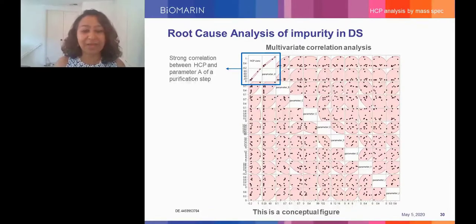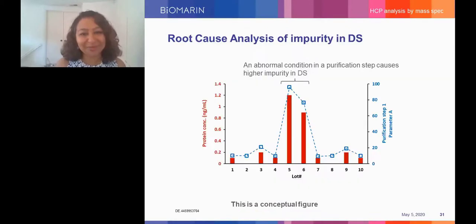For example, there might be a pH in a given step. There may be a column volume, a buffer, could be many process parameters. And you can do a multivariate correlation analysis as shown here. And you can try to find those process parameters that correlate with showing up of an impurity.